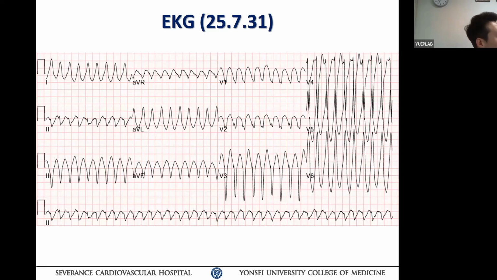Let's go to the next. It's wide QRS tachycardia, heart rate about over 150, and left axis deviation. And it's from the right side to the left, and when you see the inferior leads, it's all negative, so it's from the apex to basal, and its transition zone is about V3, V4, V5.